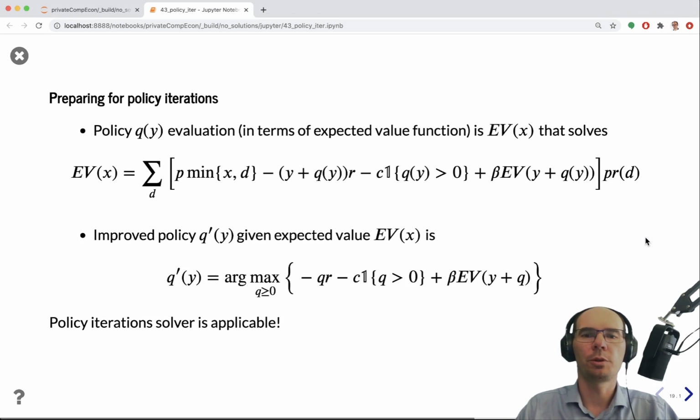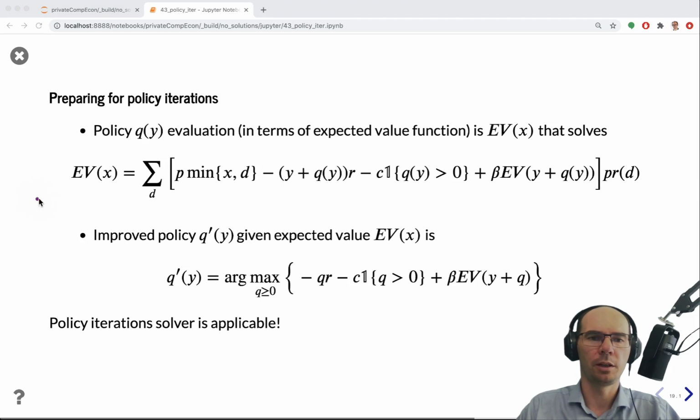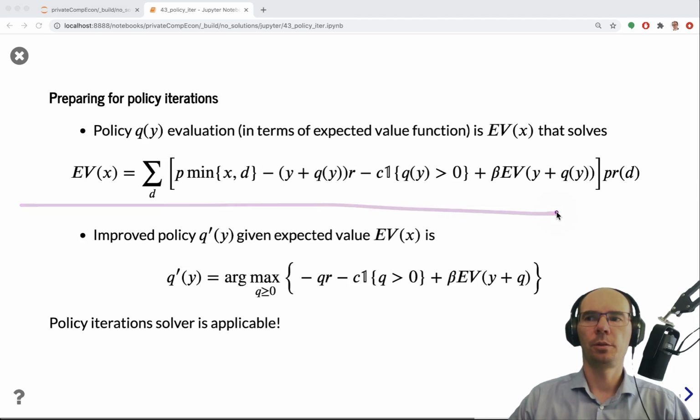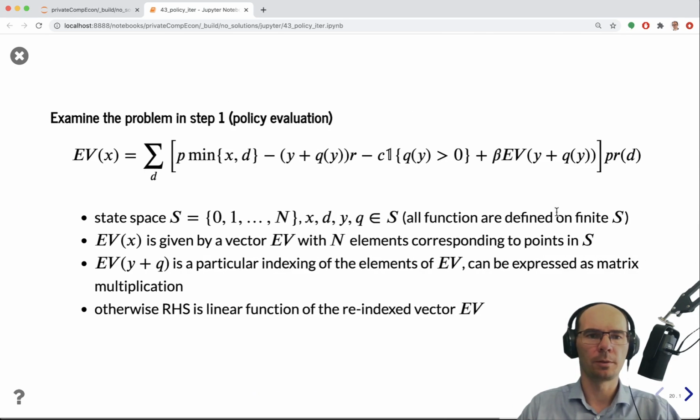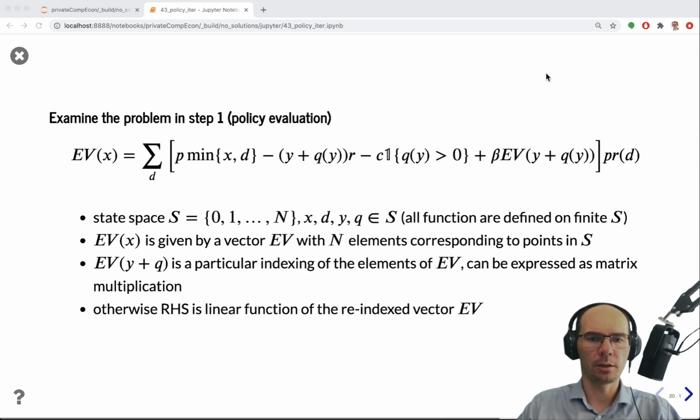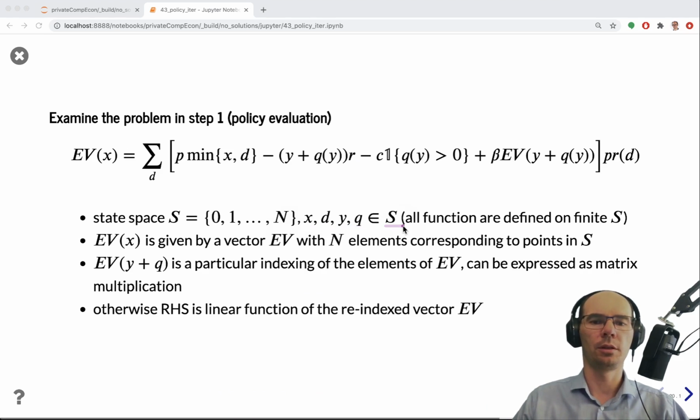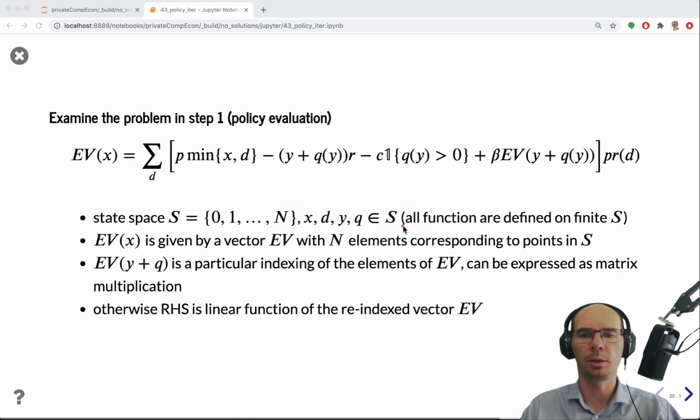Now, the important next question is, can we simplify this problem and hopefully represent it as a linear system of equations? Let's think about that. We have the state space, which is just the integers between 0 and some upper bound n. We have all of the variables x, d, y, and q, which live on this finite state space.